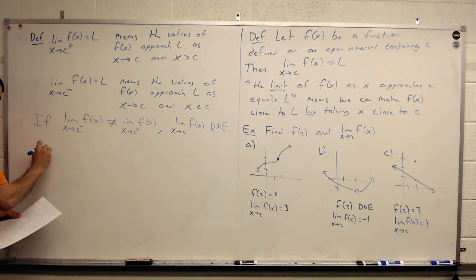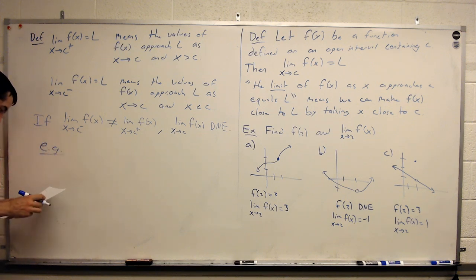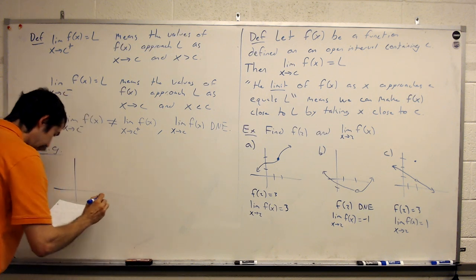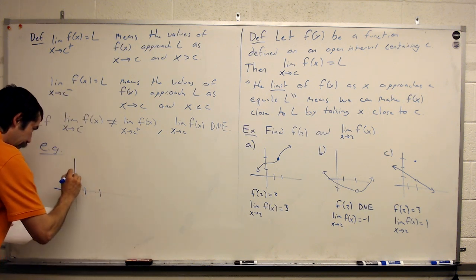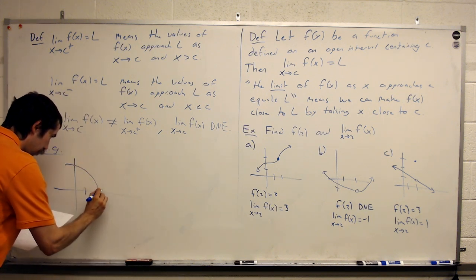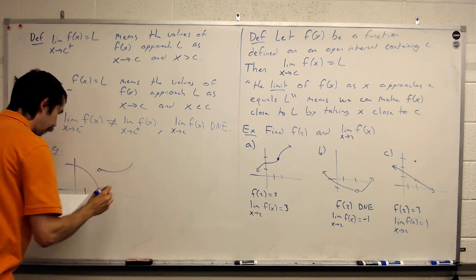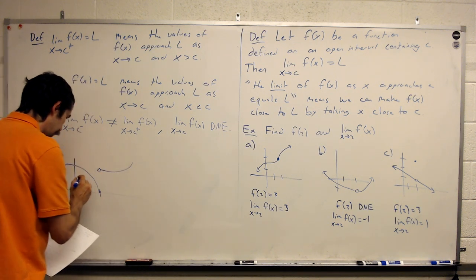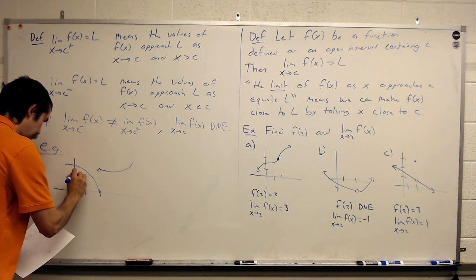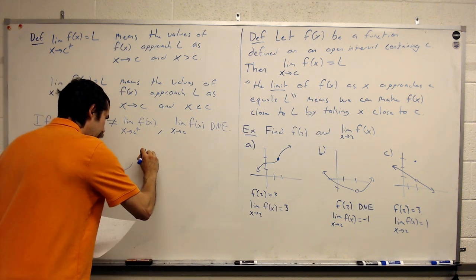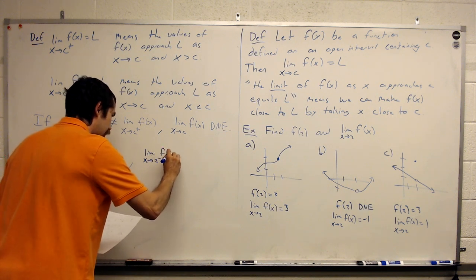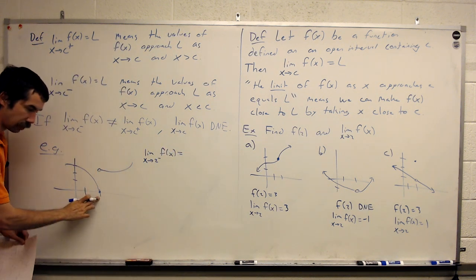All right, so for example, if we have the following graph, and let's say this is 3 up here. So the limit as x goes to 2 from the left of f of x equals 0, right?